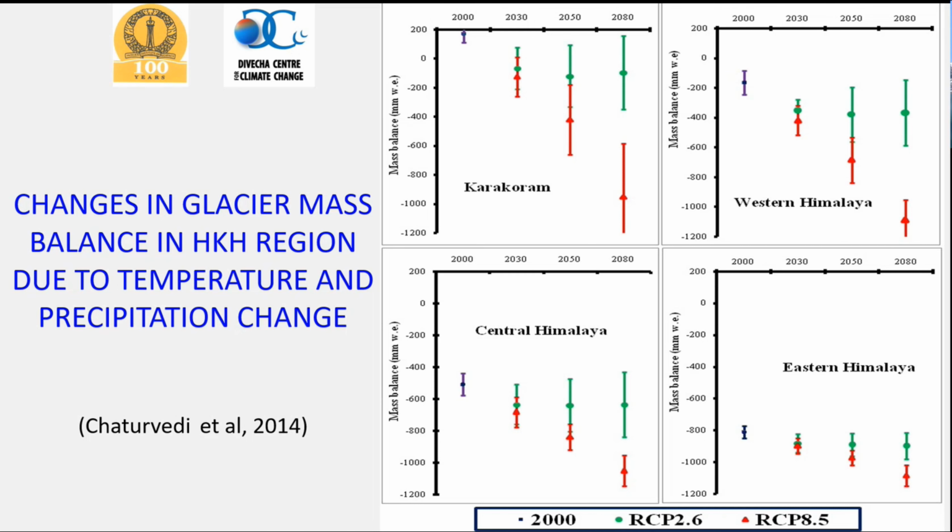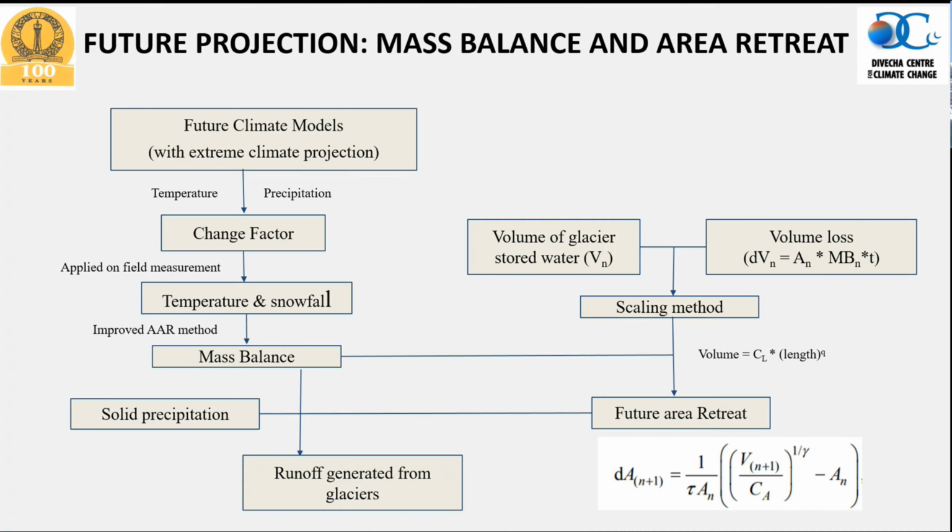But over a period of time, there has been a change in modeling techniques, and there is a change in the way we assess the mass balance as well. So you have seen this slide, and you have estimated the future projection, mass balance, and area retreat.